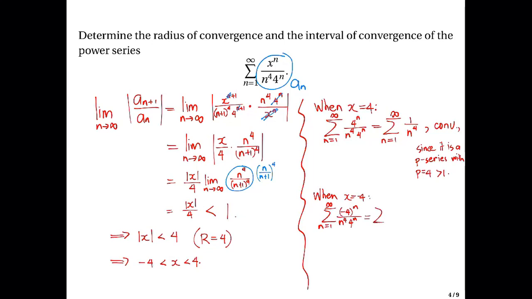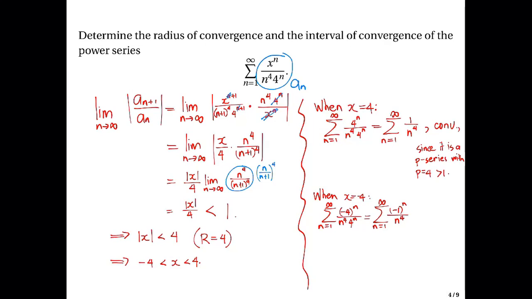This is equal to the sum of -1 to the n over n to the 4, n from 1 up to plus infinity. And then you see this is an alternating series. So you can use your alternating series test, just confirm the conditions.